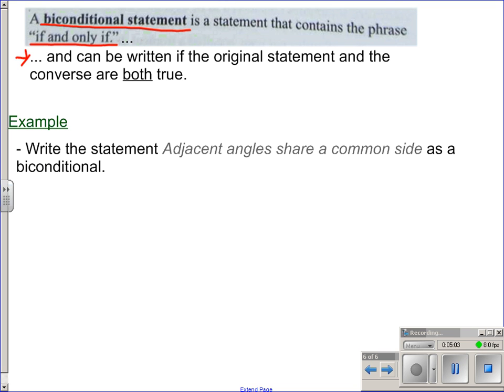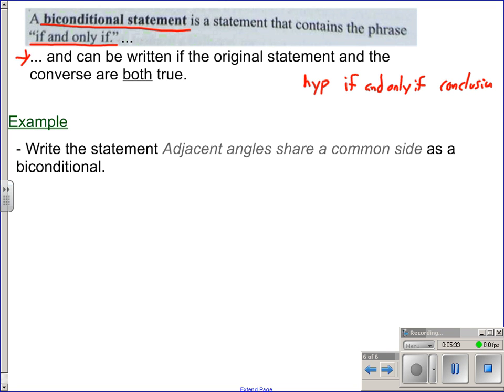So it says in the example, write the statement, adjacent angles share a common side, as a biconditional statement. And I guess before we do that example, let's back up to the top here. Basically what your statement is going to look like is the hypothesis, if and only if, and then your conclusion.